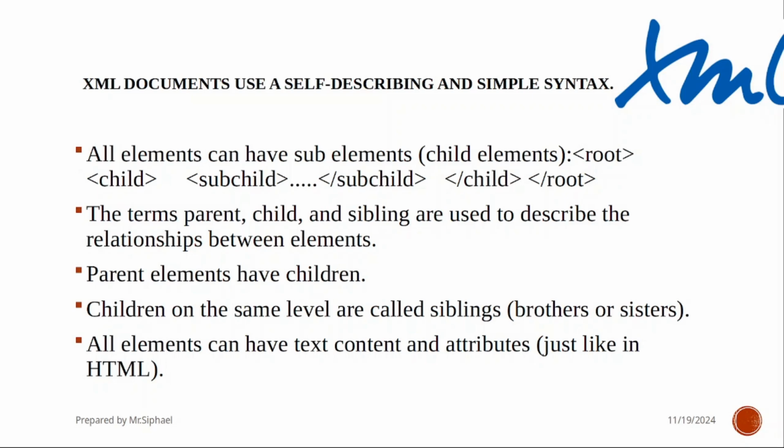You have your father and your mother, for example, they're the parents, and you have these children, they are siblings, brothers and sisters to one another. If these children have their own children, that's a sub-child. It's just the relationship between the elements in your XML document.